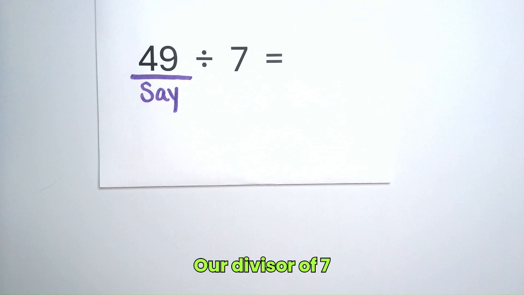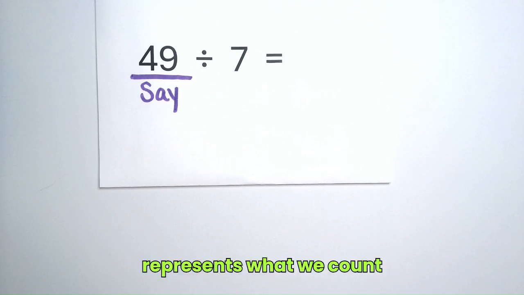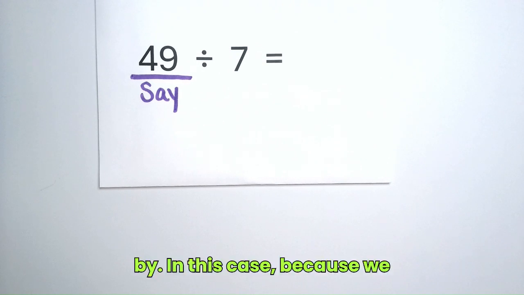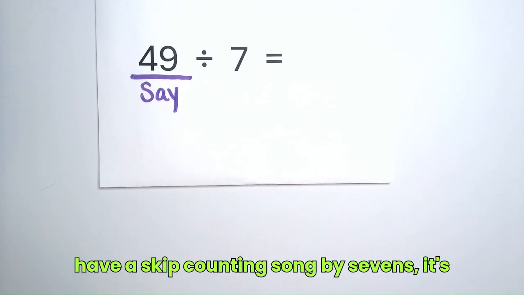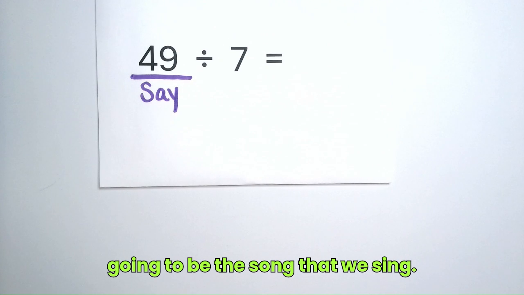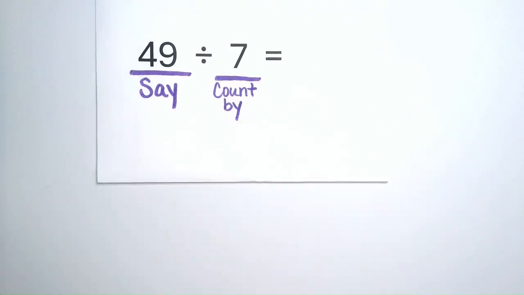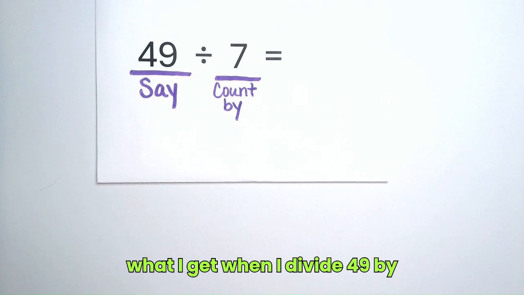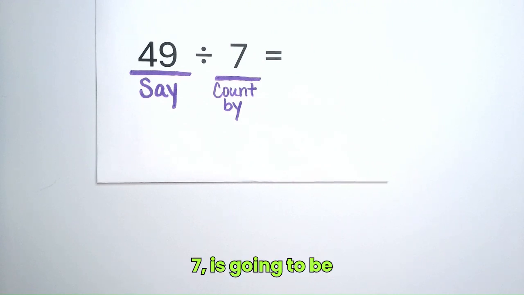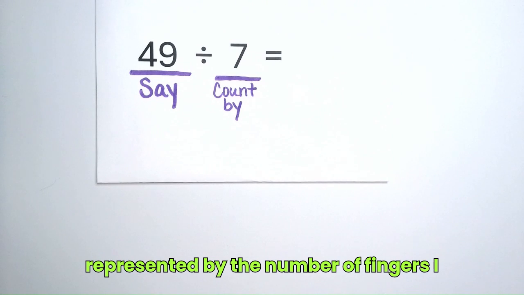Our divisor of 7 represents what we count by. In this case, because we have a skip counting song by 7s, it's going to be the song that we sing. Lastly, my quotient, which is what I get when I divide 49 by 7, is going to be represented by the number of fingers I have up.